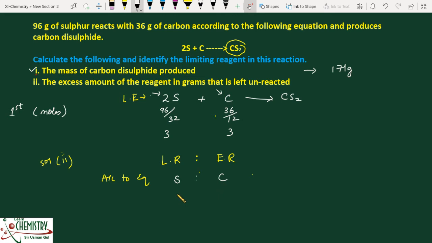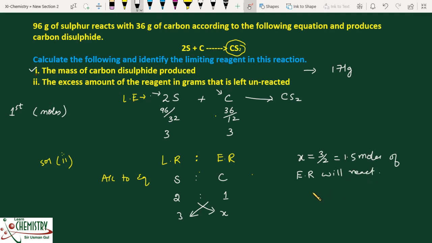The moles of sulfur in the equation are 2, and in the equation carbon is 1, but the given moles of reactant are 3, and we will assume carbon as x. When I do the calculation, the value of x would be 3 upon 2 equals 1.5 moles of carbon.